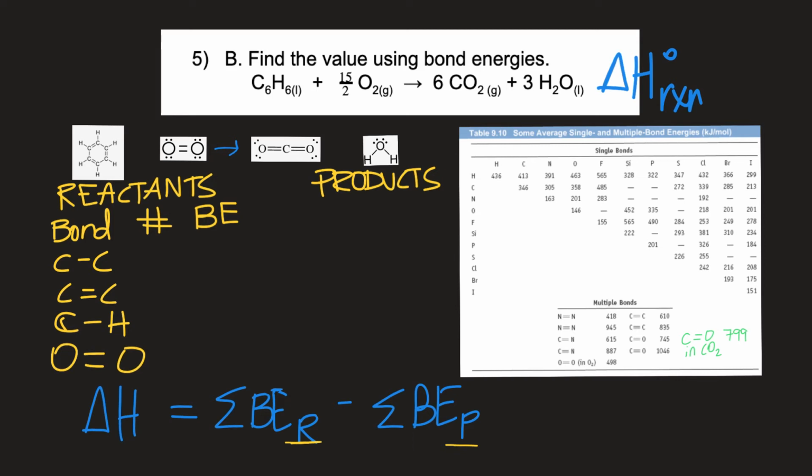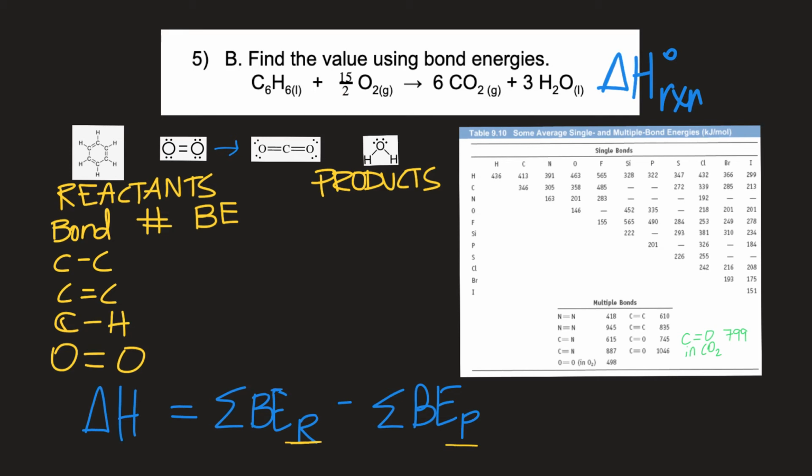Now we have to count the number of bonds. So do be careful. It's going to be the number in a single Lewis structure or a single molecule, but you also have to take into account the coefficients. Now here it's 1, so that's not a problem, but here it's 7.5, so that would be an issue that you need to account for.